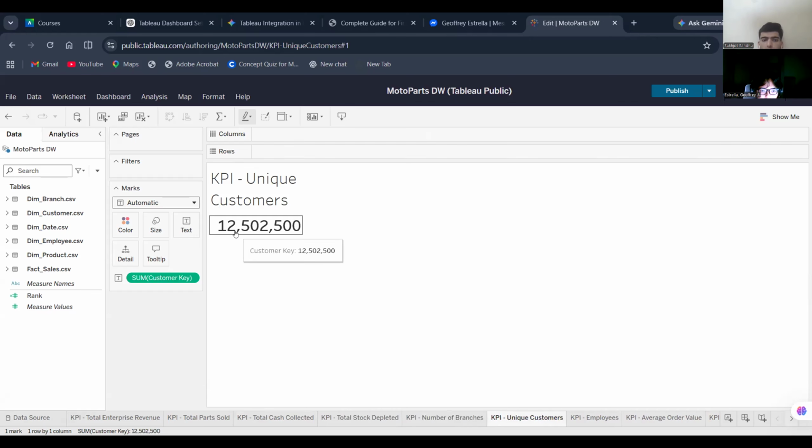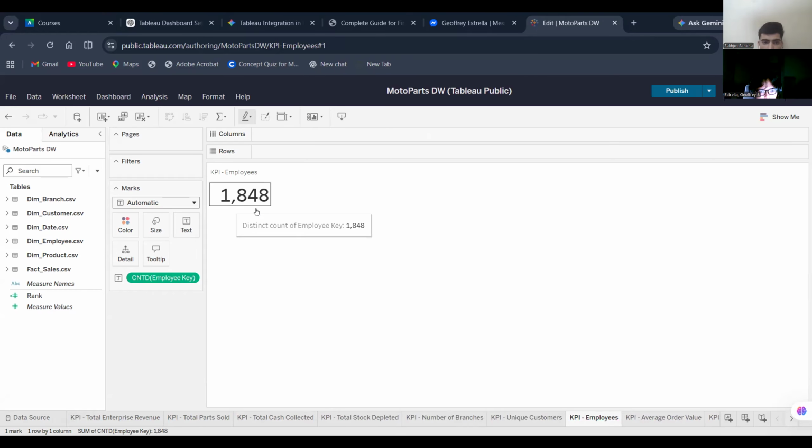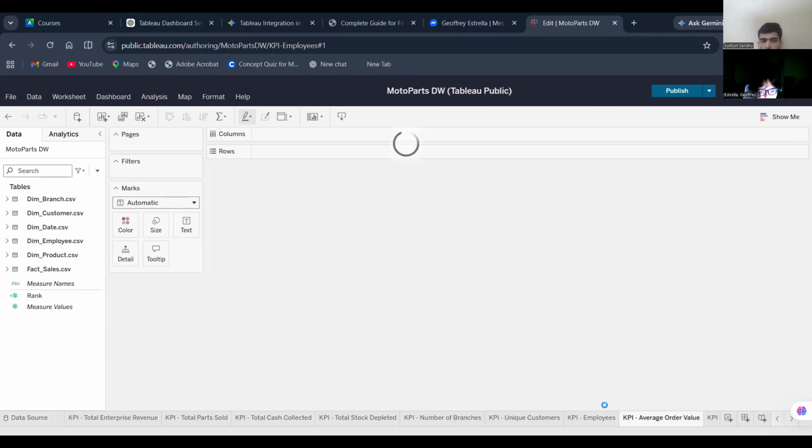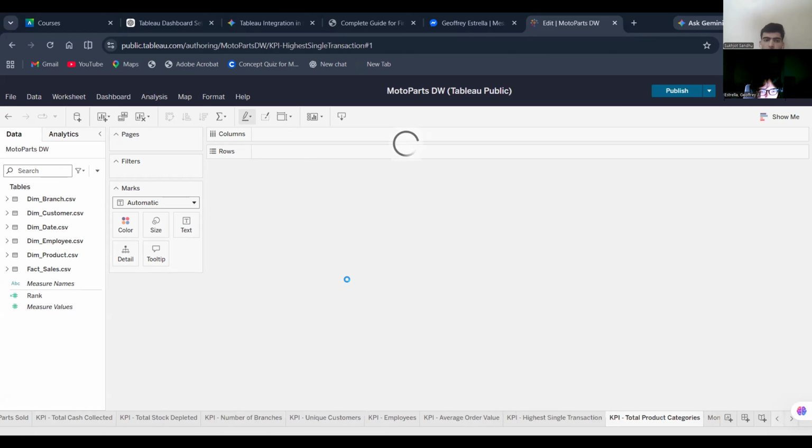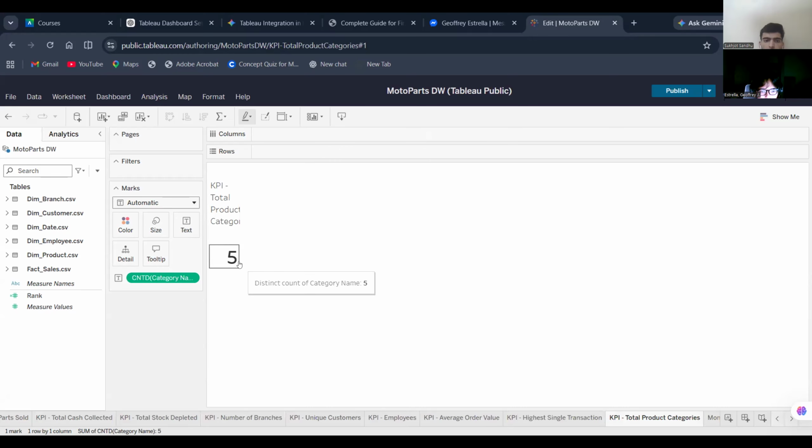We have 2,500 unique customers. We have 1,848 employees. Average order value is about 1,017.31 pesos. And the highest single transaction is 14,750. And the total product category is 5.